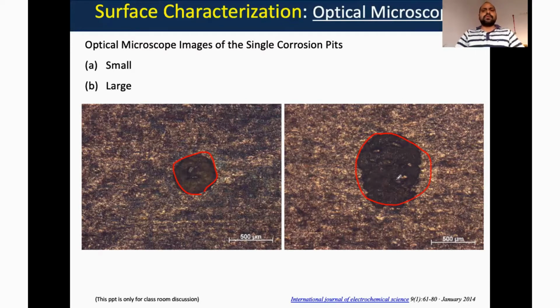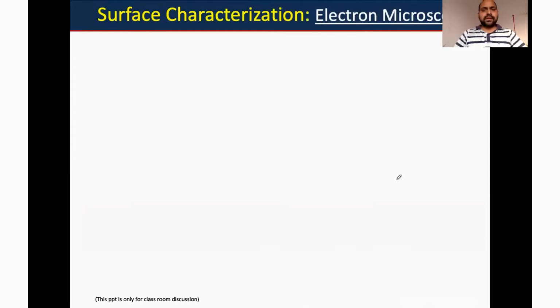Now let's go to the other technique, that is electron microscopy. Before talking in detail, let me give a brief understanding of why we are going to use electron microscopy.